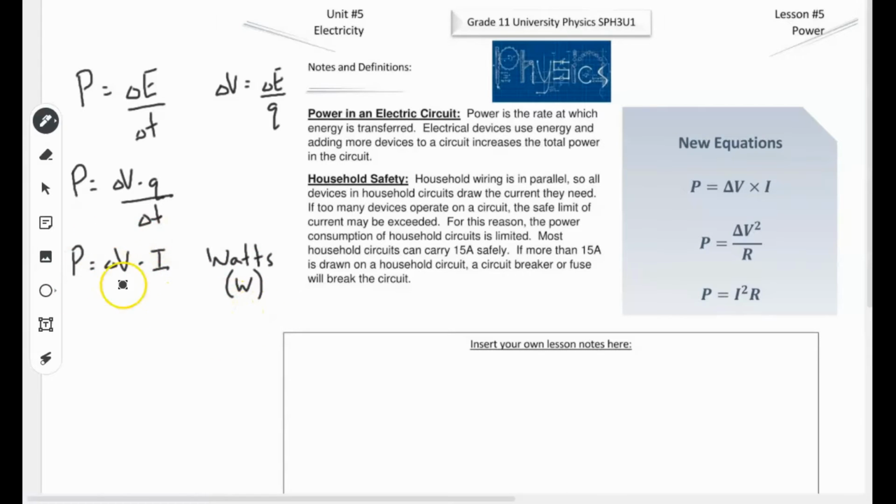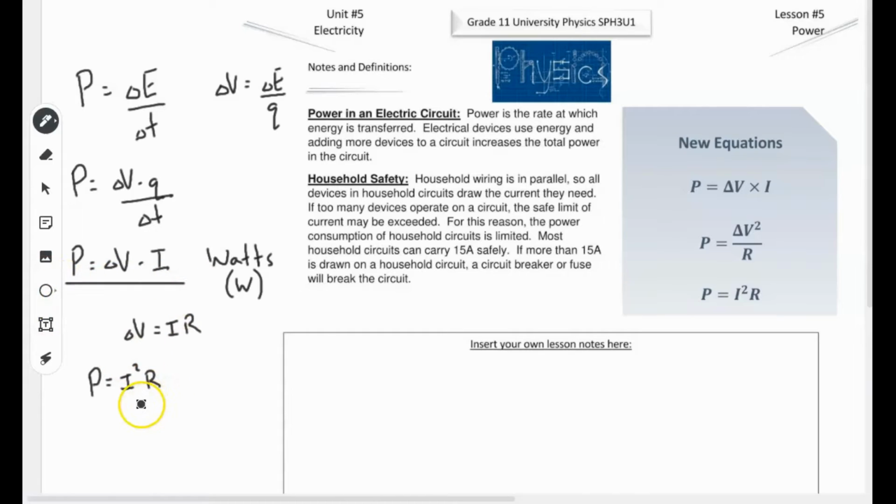Okay. Now we can also look at a couple different ways of calculating power, because we can use Ohm's law. So if you remember Ohm's law, you got delta V, or voltage, equals current times resistance. So if I were to replace this delta V with current times resistance, what I get then is P equals I squared R. There's another way to calculate power.